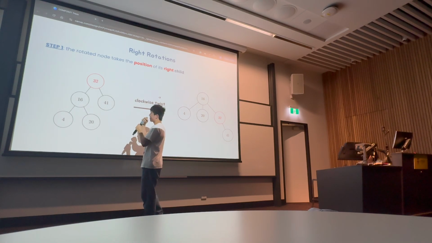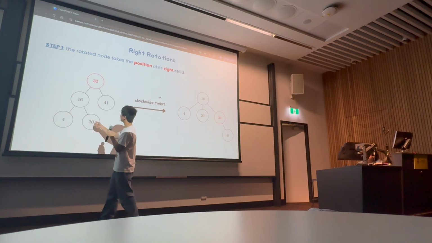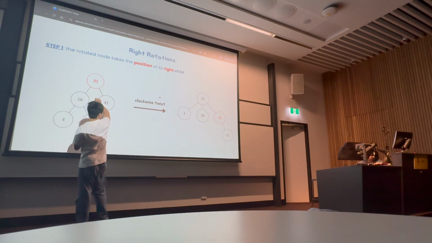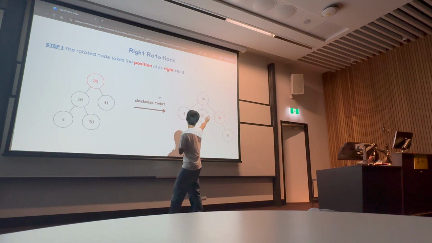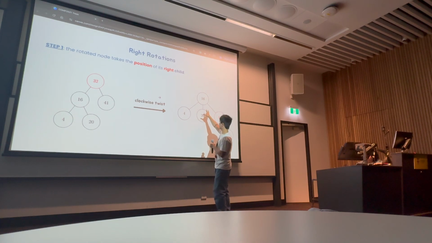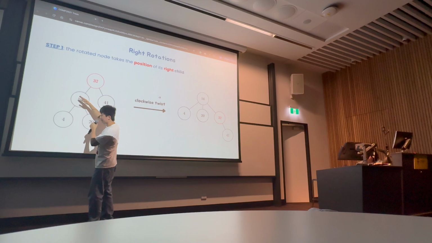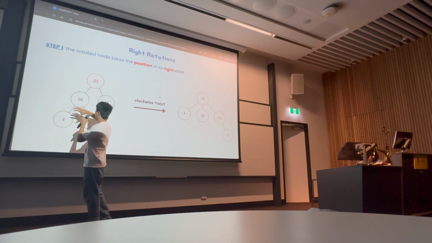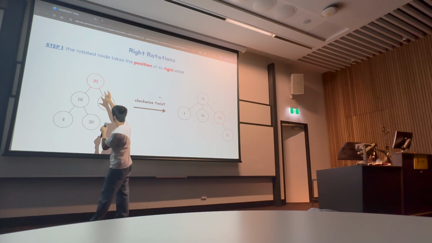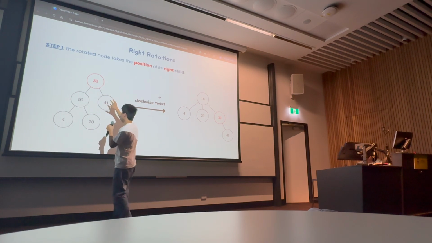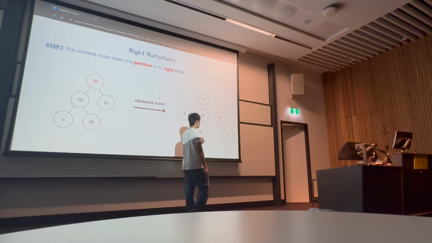So I think we should think about clockwise, and the direction makes a bit more sense. It's like turning a key, right? If we turn this, as you can see, 32 goes towards the right, and then 16, basically the left subtree of 32, goes up, and 32, as well as the right subtree, goes down, and this happens.